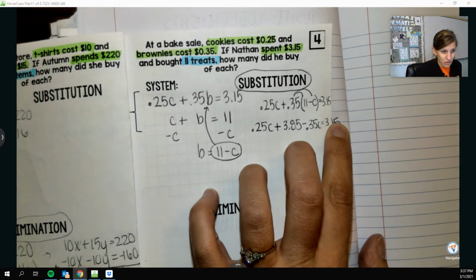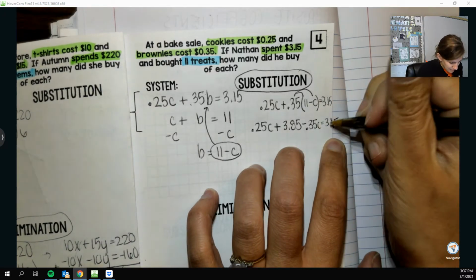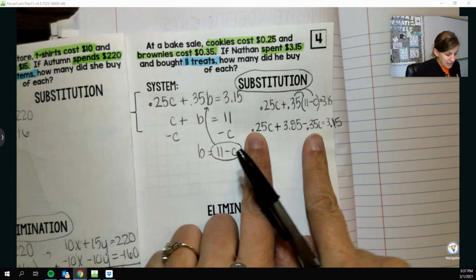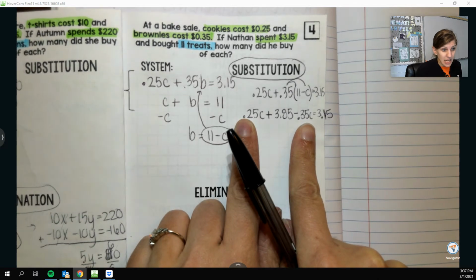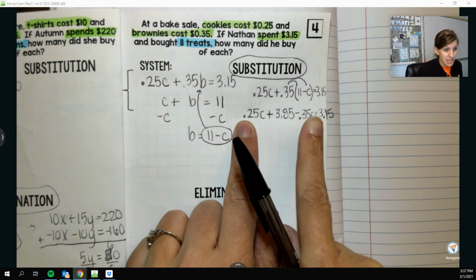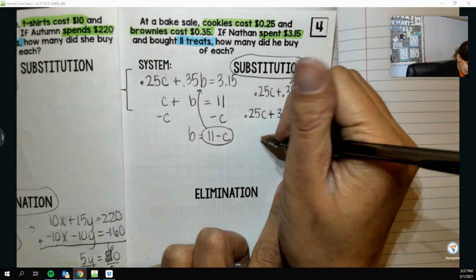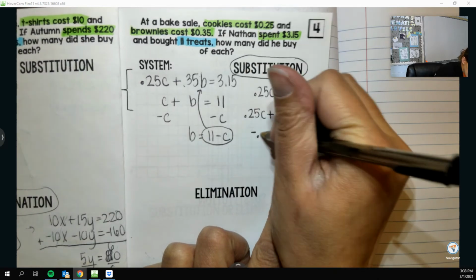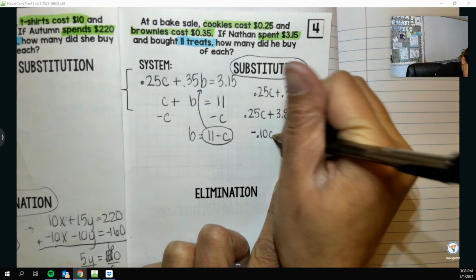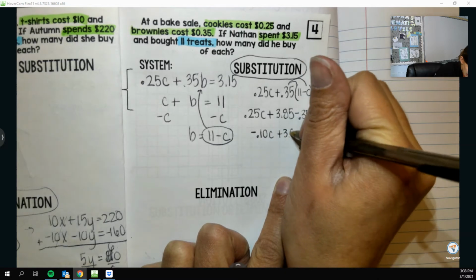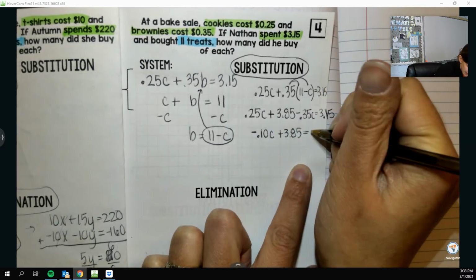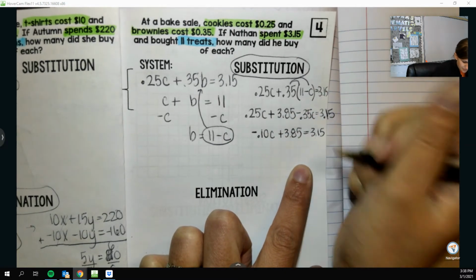Sorry, I went off the page a little bit. Then I can combine like terms because these C's are on the same side. So 0.25C minus 0.35C is 0.10C, but negative. So negative 0.10C plus 3.85 equals 3.15.